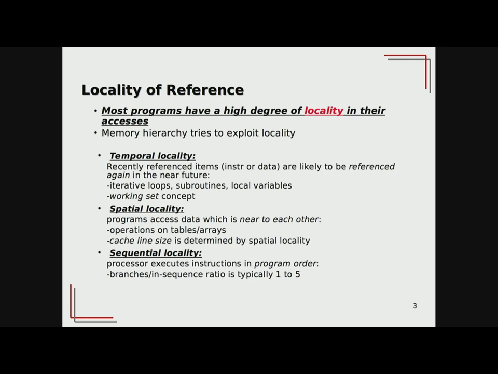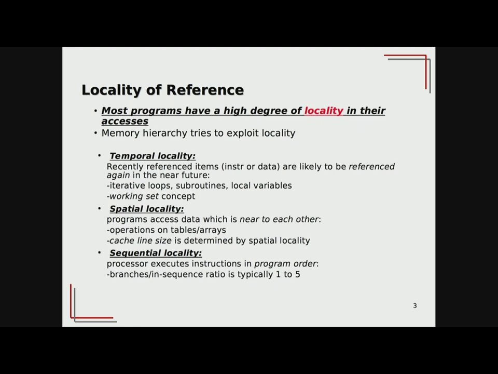So we would like to have this aspect of temporal locality: recently referenced items are likely to be referenced again, and so I would like to keep them. This is the idea of the working set concept, because I have a bunch of variables that I'm using very often in a while: iterative loops, subroutines, and local variables.